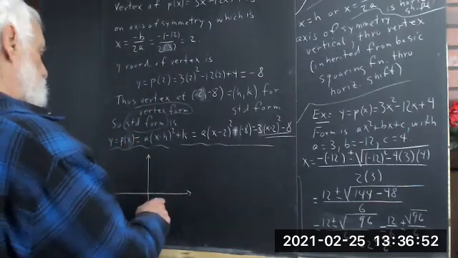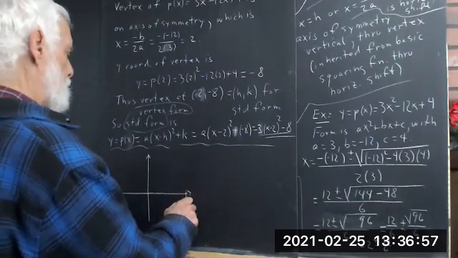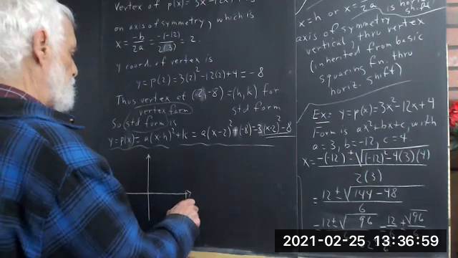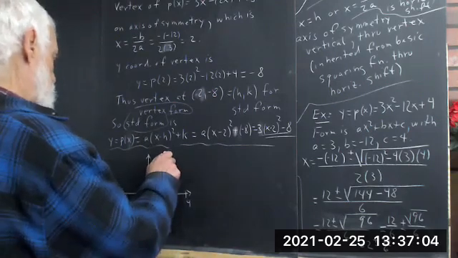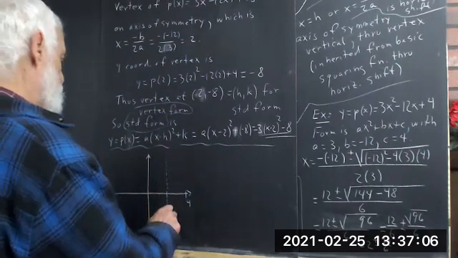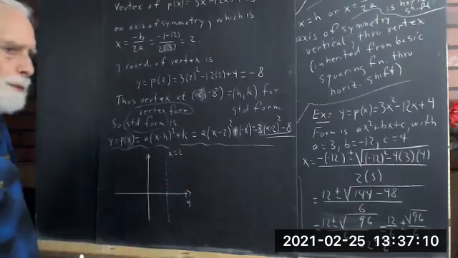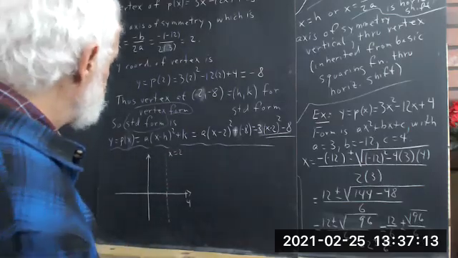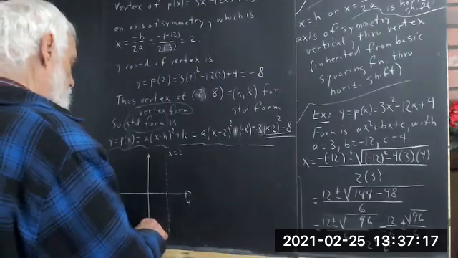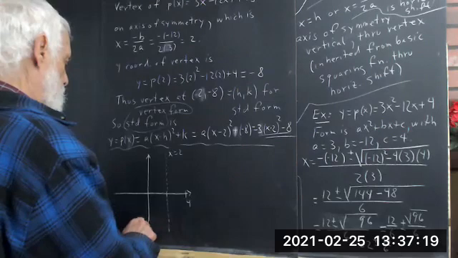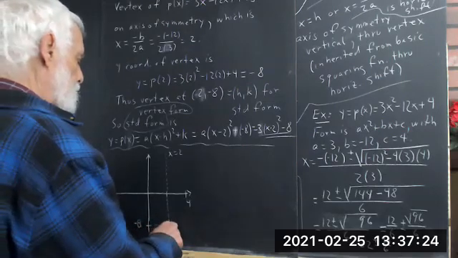Here's the line. Let's see, we want to go up to about 4. So here's the line, X equals 2. Down here at some point is where y equals negative 8.